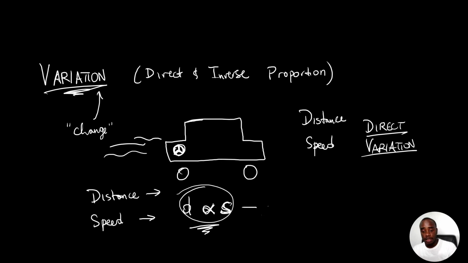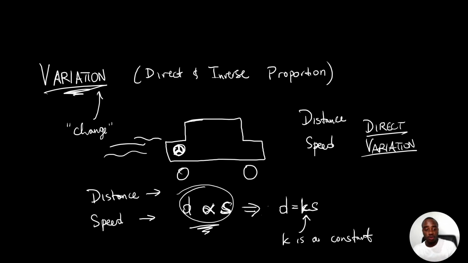So this statement can also be represented in an equation where k is a constant. So in other words, k stays the same, and the more the distance goes up, the more the speed goes up. Follow me? So that's what we mean when we talk about direct variation.